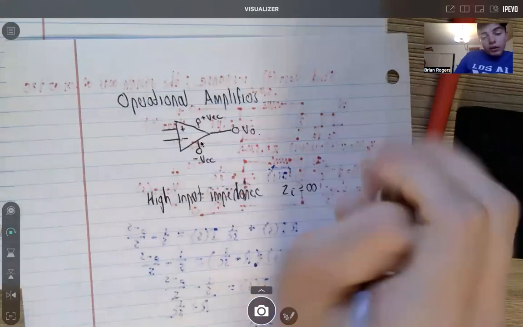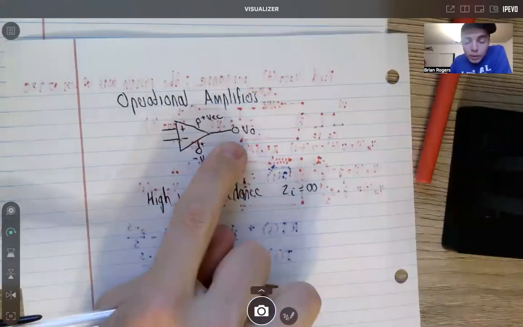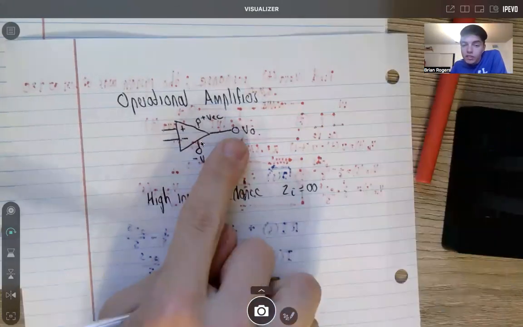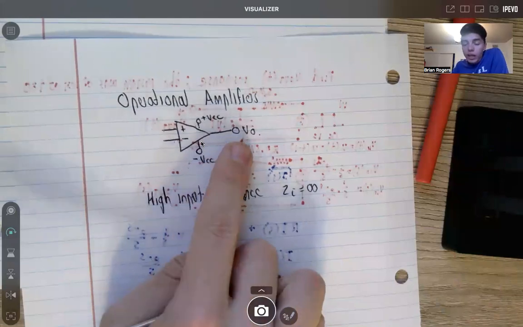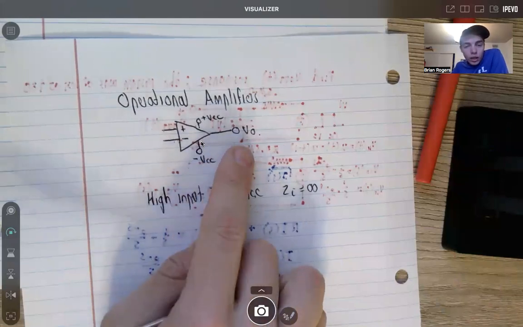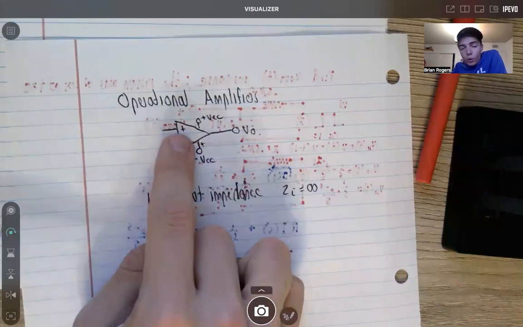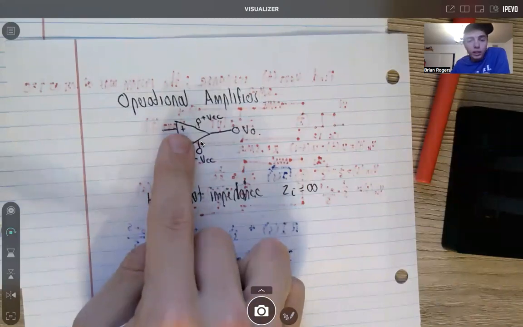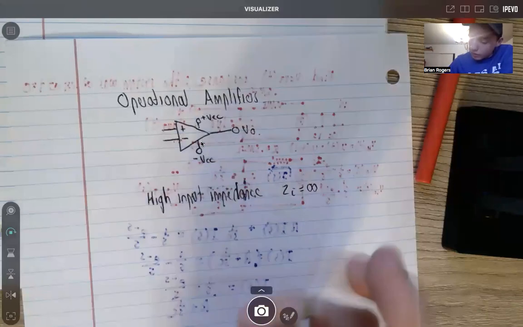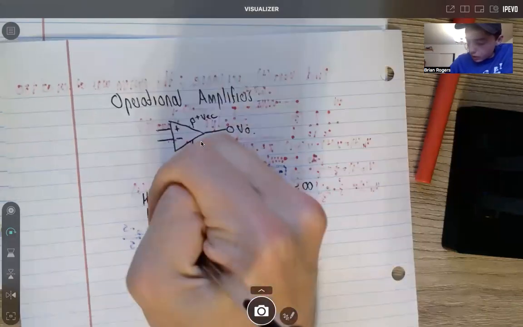But the nice thing about an op amp is the output impedance is really low. If you're trying to amplify a really small signal, the op amp is really good for that, because it will amplify your signal and get rid of any noise that can interfere with it. So it has low output impedance.